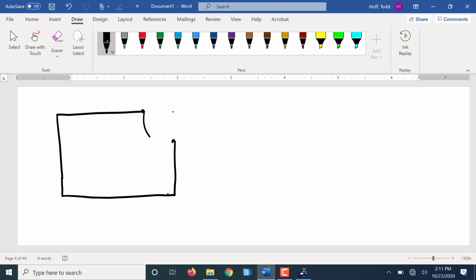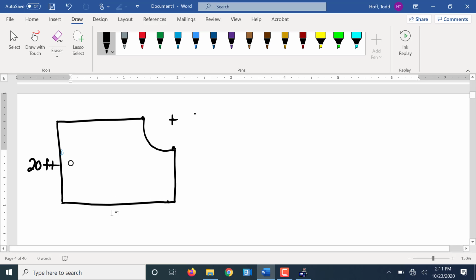We'll do this. So that's a quarter circle missing out of the corner of this rectangle.